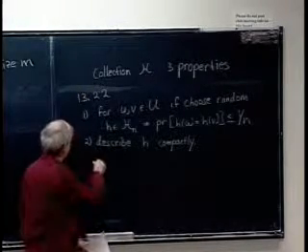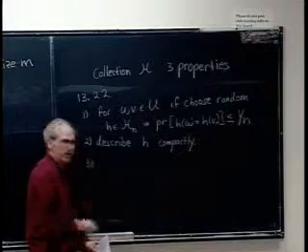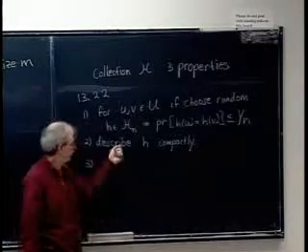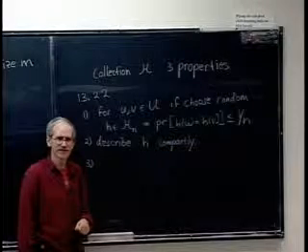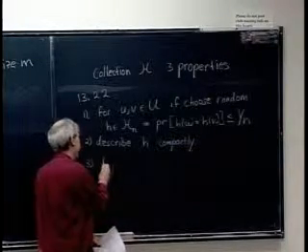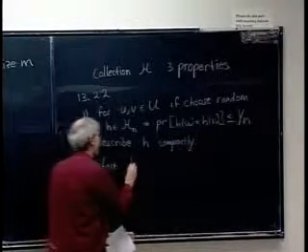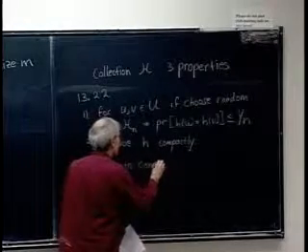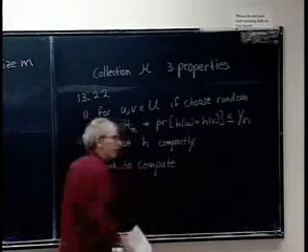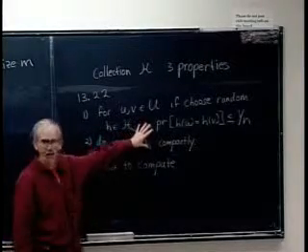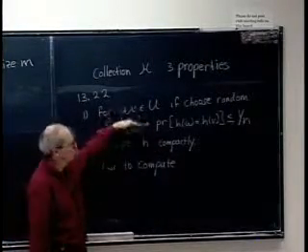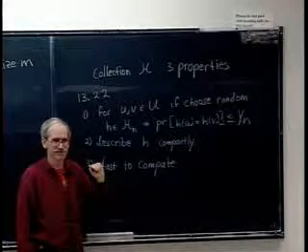And somewhat related to that, what's a third kind of property that you might want to have for your hash functions? Fast. Yeah, fast to compute. And the key thing is that there are collections of hash functions that give you all three of these properties.